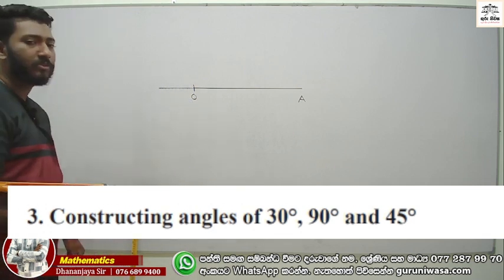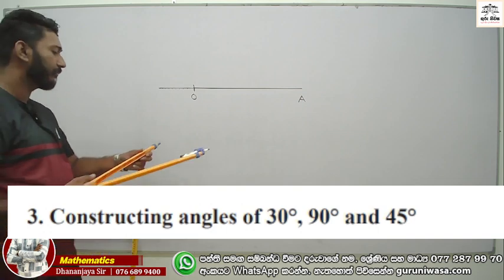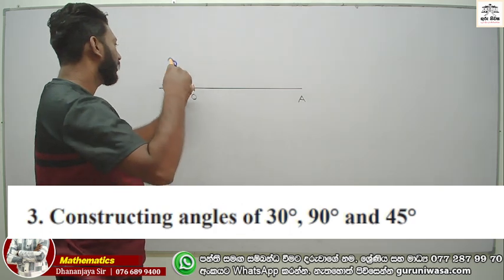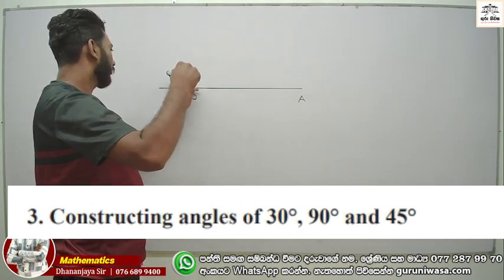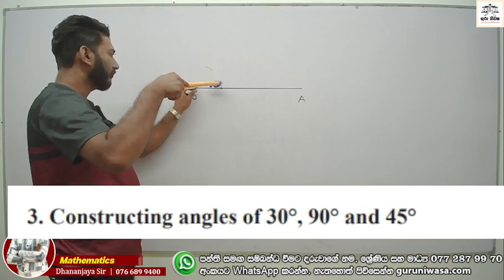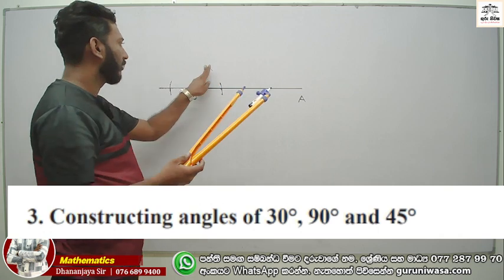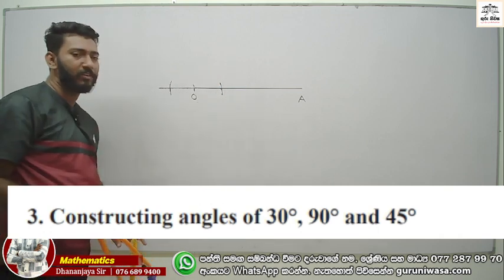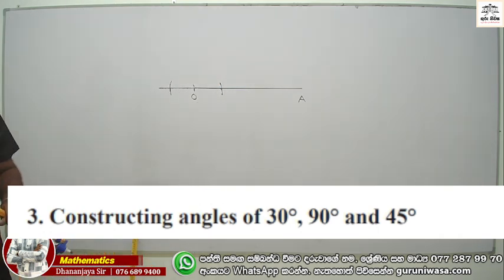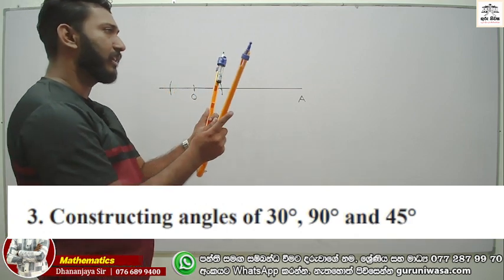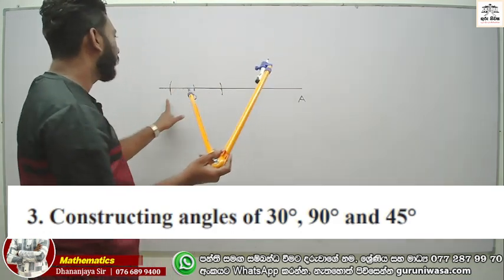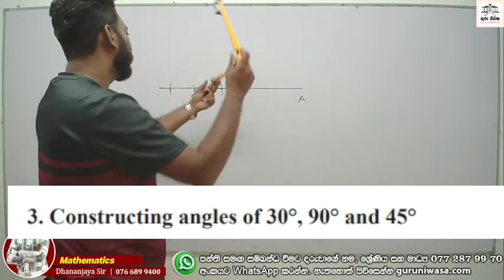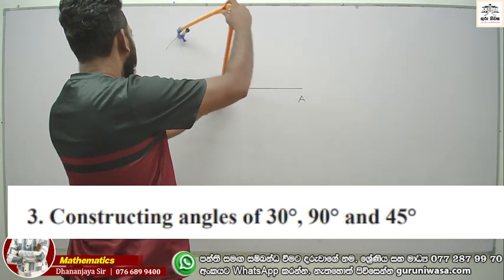Now I'm going to take O as a center. Now draw the arcs like this. Perpendiculars through the endpoints. Now with a radius like this, take these two intersection points as centers and draw the arc like this.